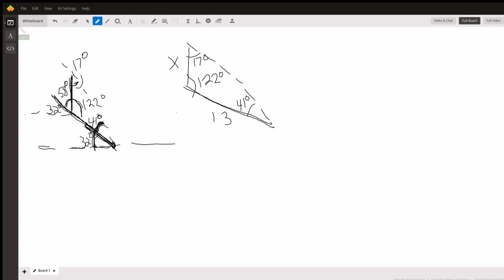The law of sines says that a side length like X, let's use the one that we're trying to find, X, divided by the sine of the angle opposite it, sine of 41 degrees, equals another side. Well, we have this side, 13, divided by the sine of the angle opposite it, and opposite 13 is the 17-degree angle.